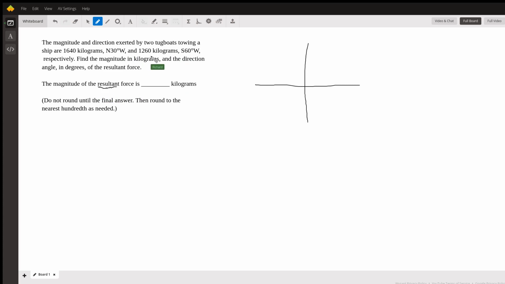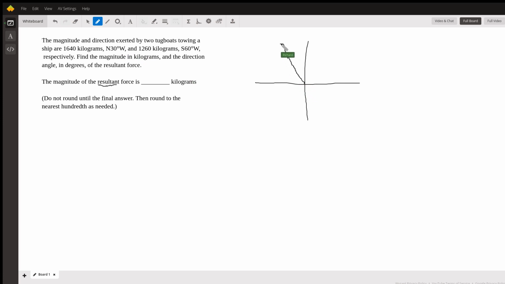So the first vector is north 30 degrees west, so it's going to look like this. And this is going to be a 60-degree angle here.